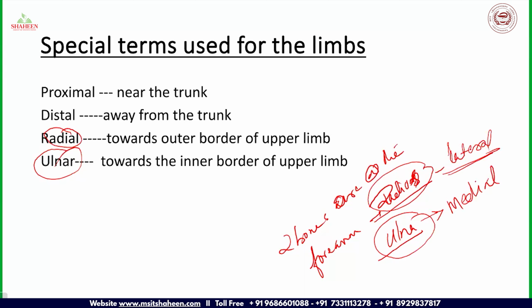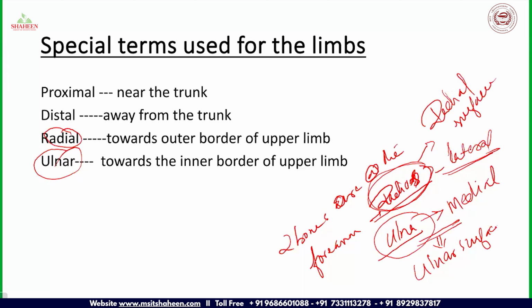The area which is medial in the forearm you call the ulnar surface. The area which is lateral in the forearm is known as the radial surface. The bone is radius and the surface is radial.